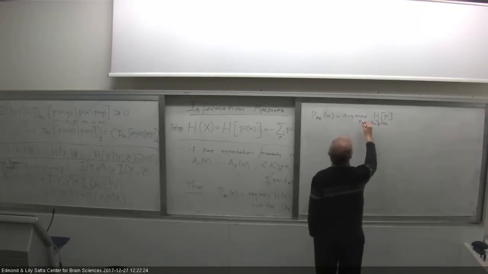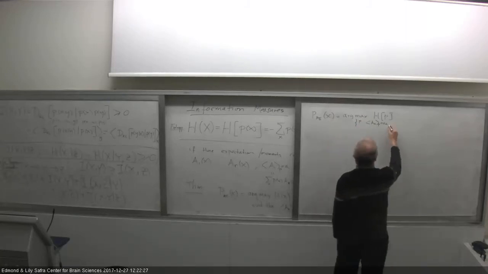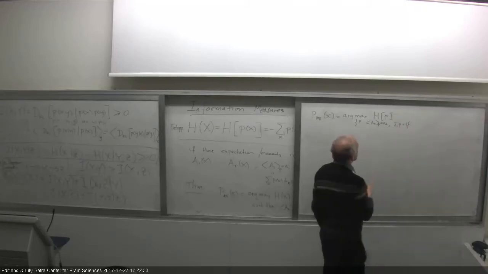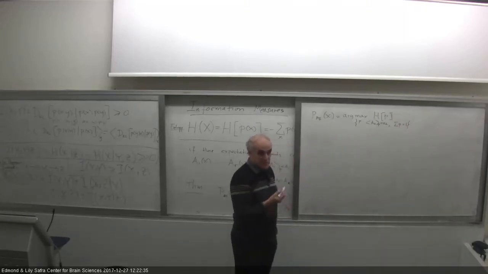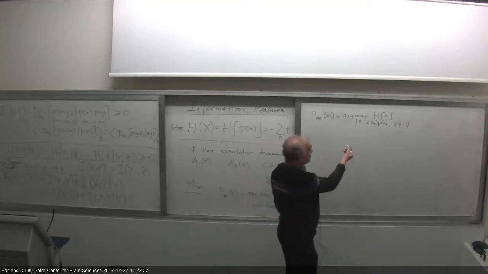This is a set of constraints, and of course I also want the sum of P to be 1. So I want to maximize the entropy in this set, which is a set of possible distributions.